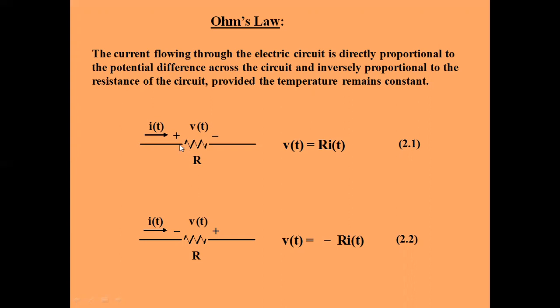Means I of t is equal to V of t upon R, and R is a constant. So V of t is equal to R I of t. If I flow the current in the opposite direction, then V of t is equal to minus R I of t.